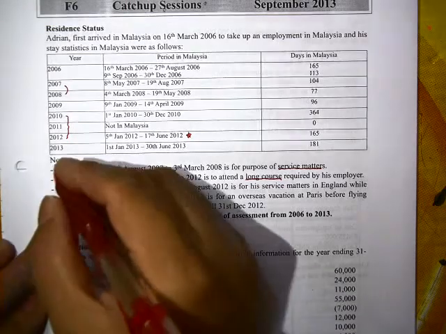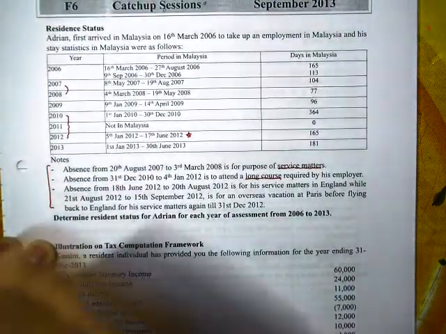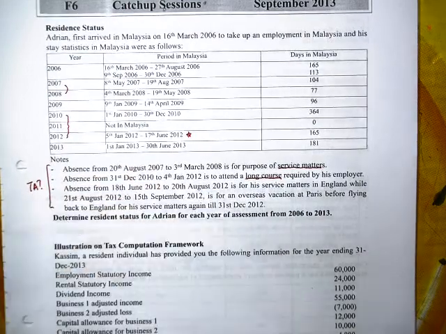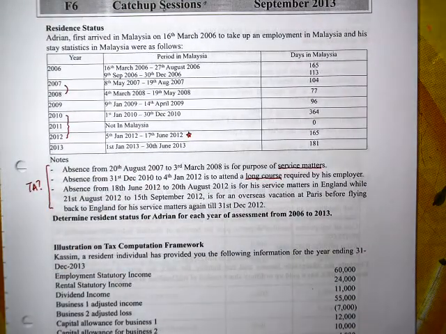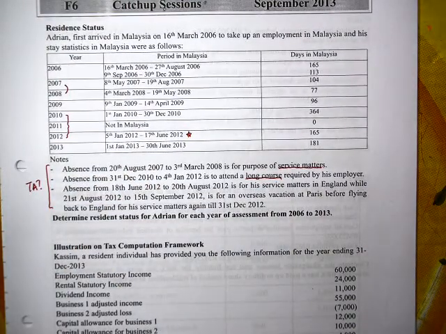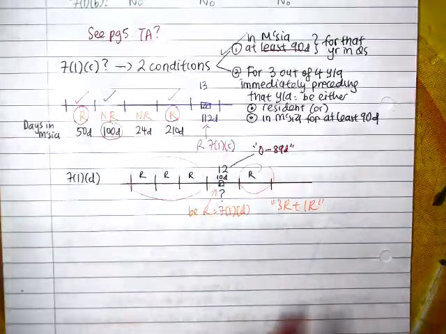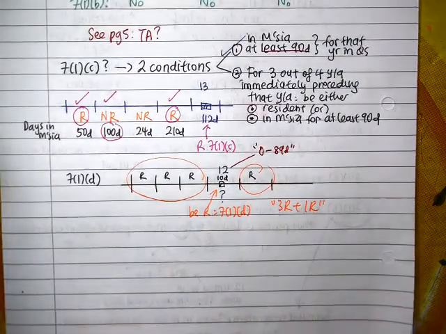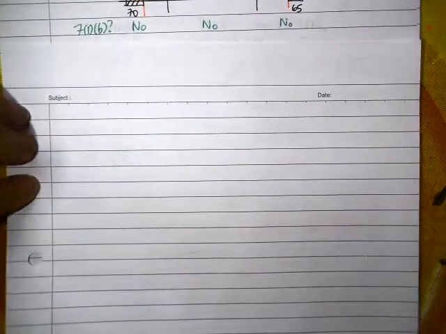Now, all these are given to you because you need to decide whether it will be relevant for 7.1B when you work out the temporary absence. Okay? Now, I just need you all to work out Adrian resident status. So what we're going to do is a very simple working.